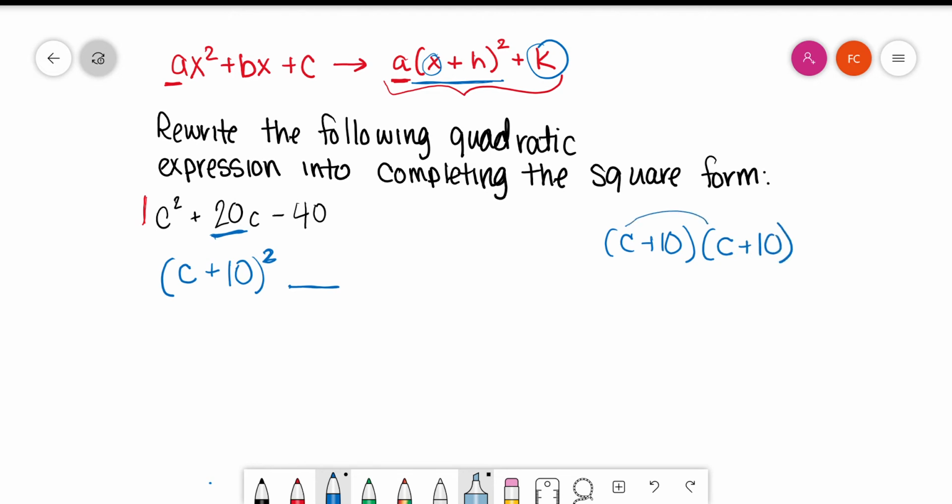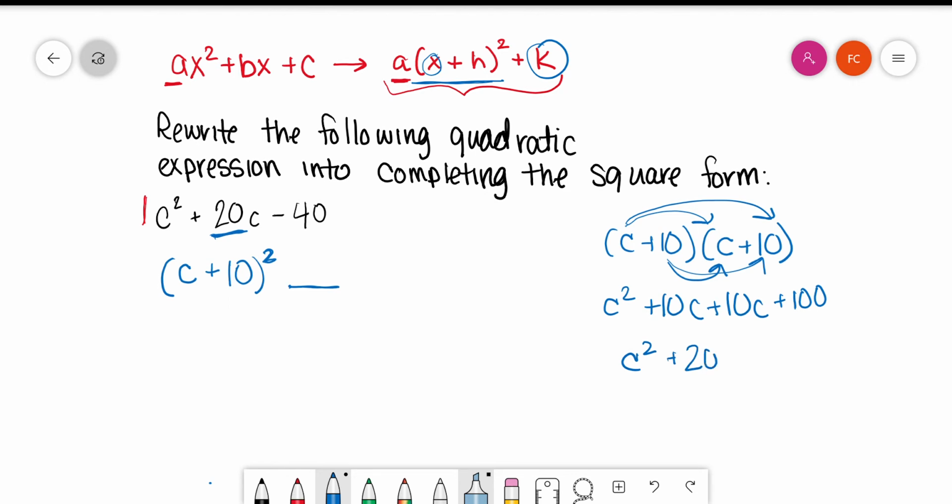I'm going to do c times c, which gets me c squared. C times positive 10 gets me positive 10c. 10 times c gets me positive 10c. And 10 times 10 gets me positive 100. And then I can combine like terms, and when I do that, I end up with c squared plus 20c plus 100.